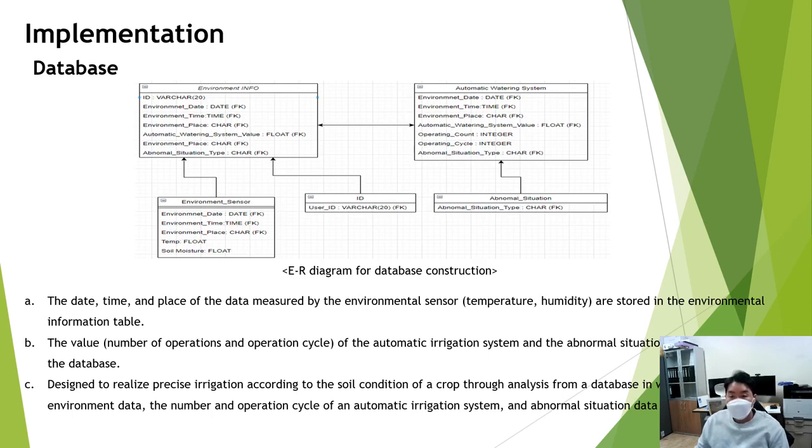Finally, it is designed to realize precise irrigation according to the soil condition of crops through analysis from the database containing soil environment data, the number of applications, cycle of the automatic irrigation system, and abnormal situation data.